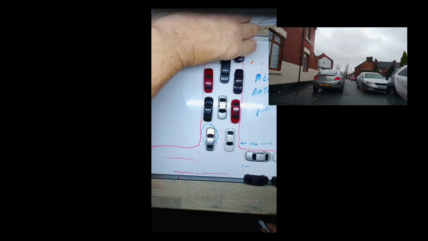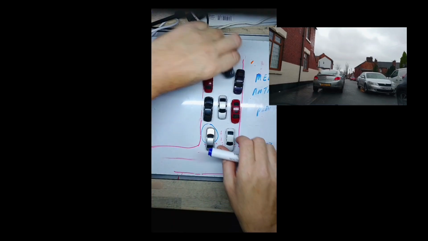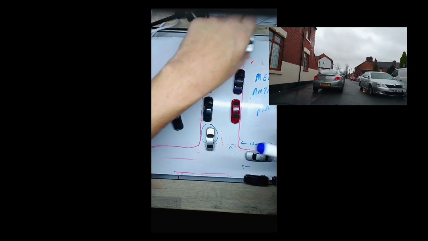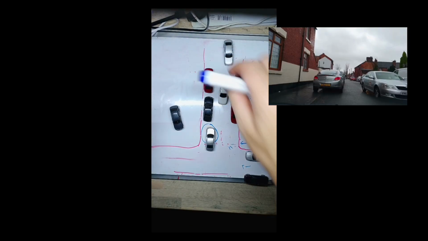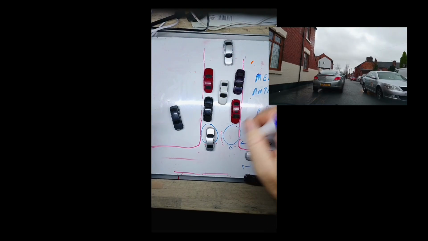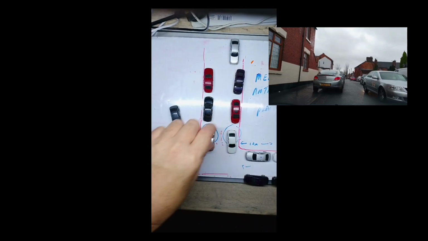Now, the thing to remember here is that if you can't complete and you can't create flow, you shouldn't proceed. So from this perspective, when this car's come down here and this car behind can see that there's only space for one car here, it should have pulled itself in here. And that's what should have happened.